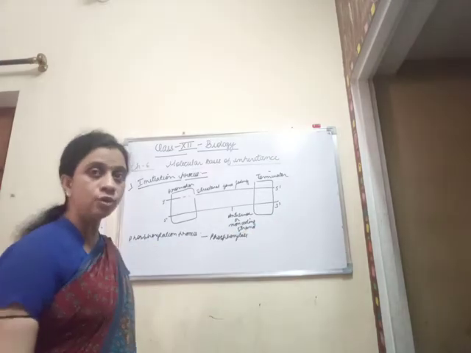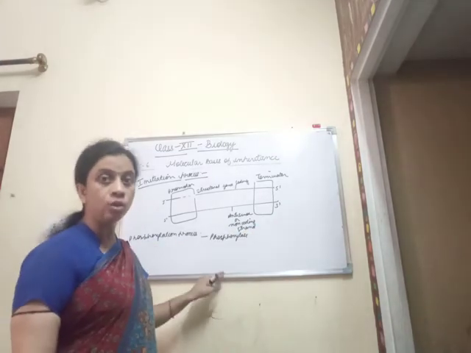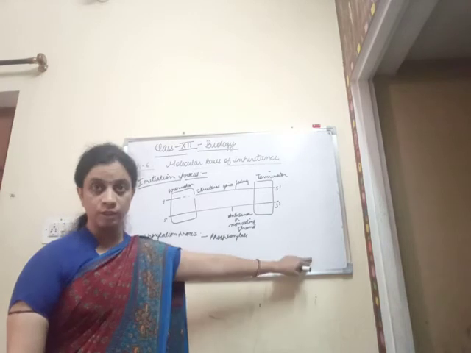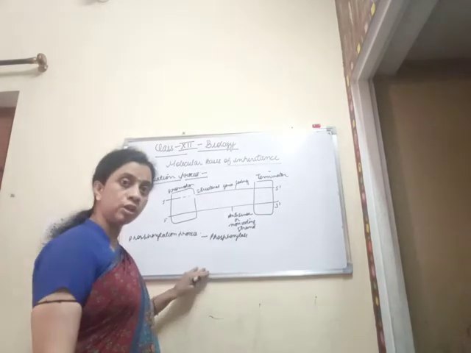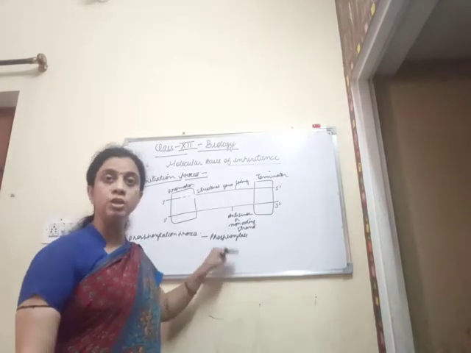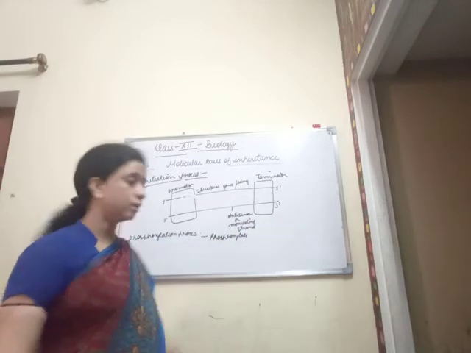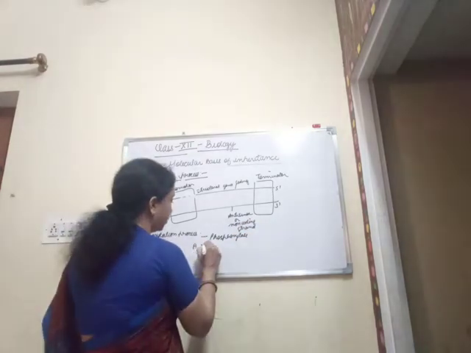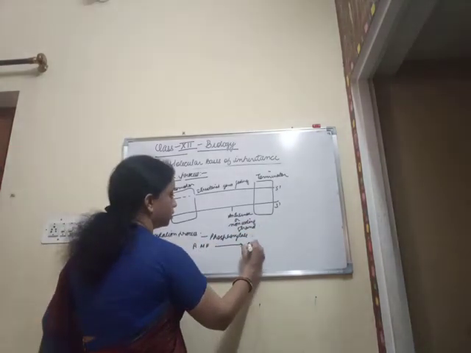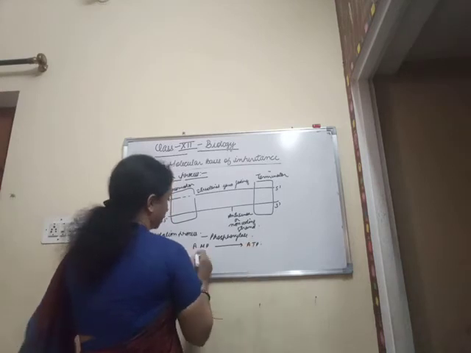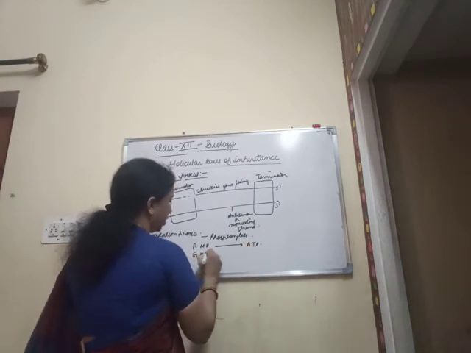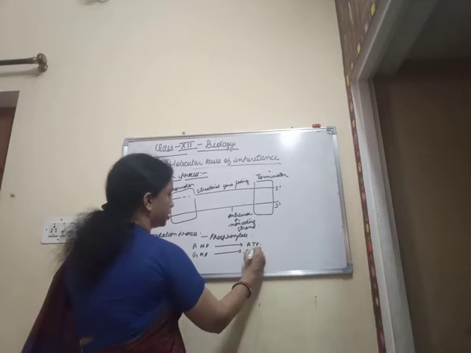That is, adenosine monophosphate is converted into adenosine triphosphate. Accordingly, guanosine monophosphate is converted into guanosine triphosphate. So we can say that AMP gets converted into ATP. Clear? Then GMP gets converted into GTP.